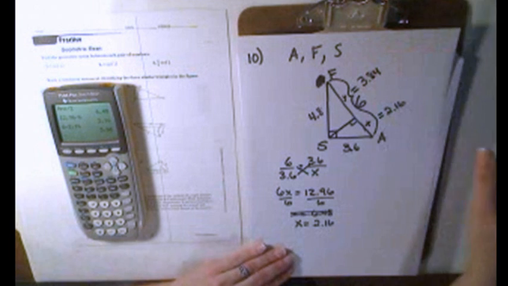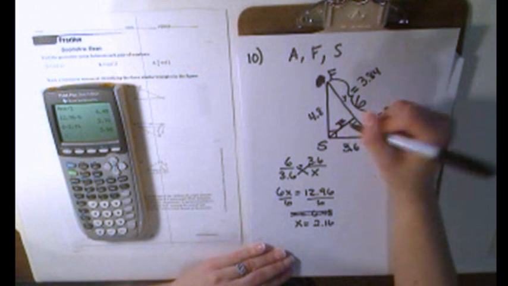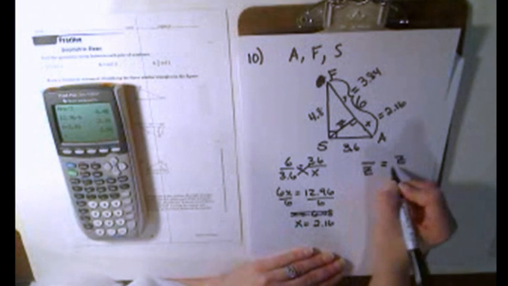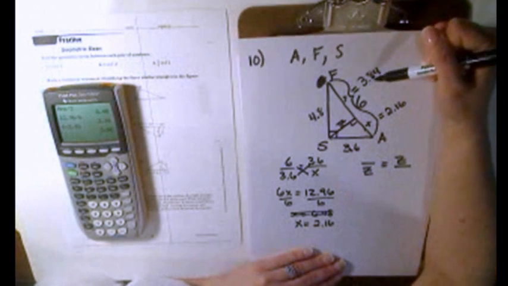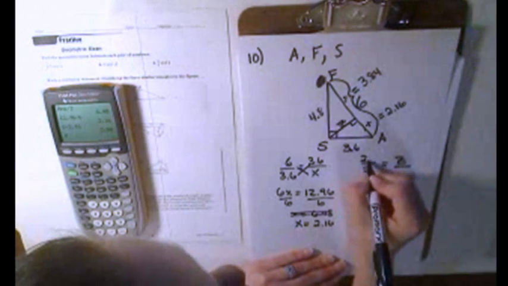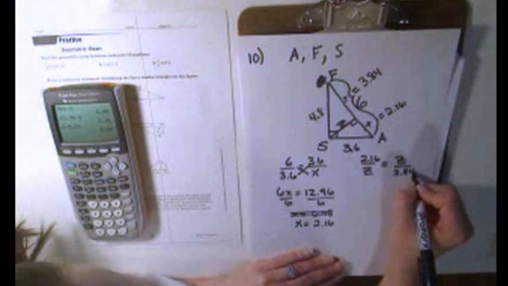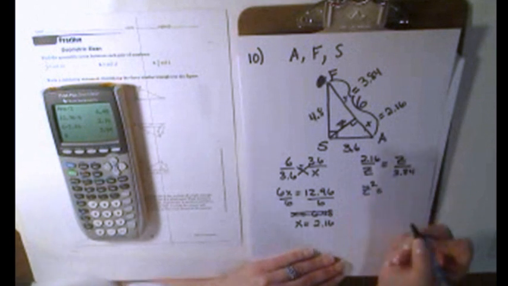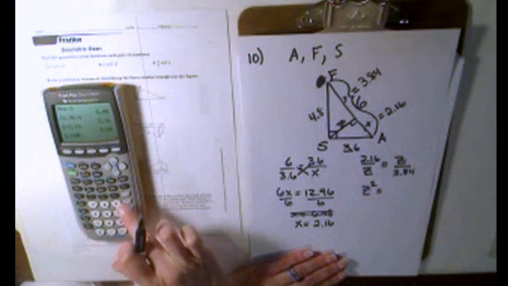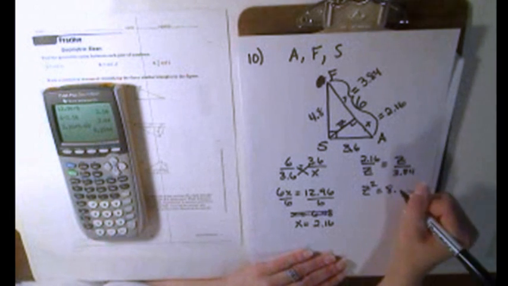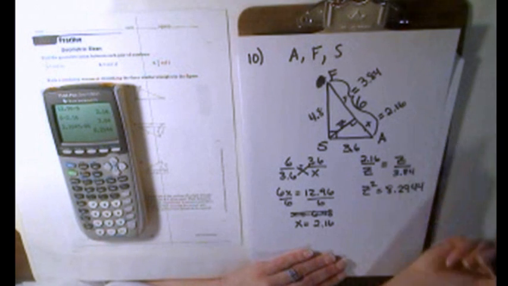3.84. So now to get the length of the service road, I'll call that z. The altitude is the geometric mean between the 2 segments of the hypotenuse. And I'll solve that. 2.16 times 3.84 is 8.2944.